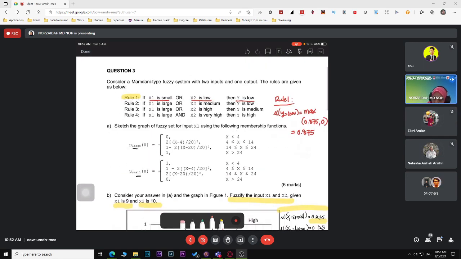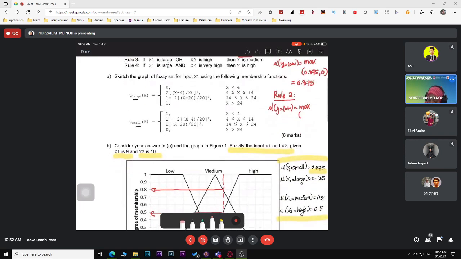Kita tengok rule number 2. Okay, you nak cari y is low juga using large and medium. Alright, so for mu y is low, connector dia OR, kita pakai min or max? Max. Okay, max, large dengan medium. Kita tengok dekat sini.